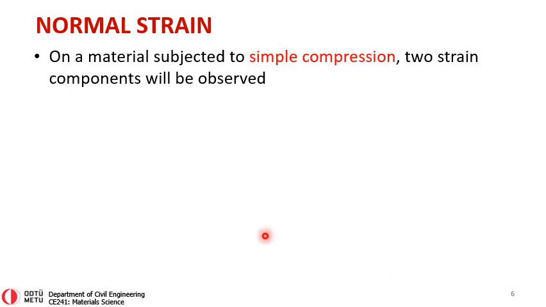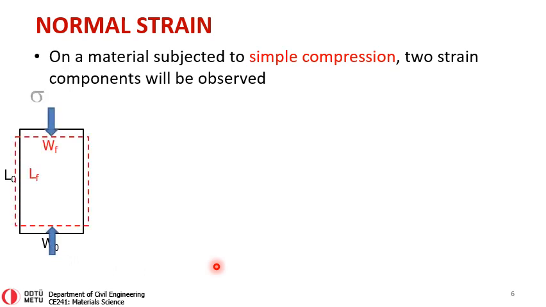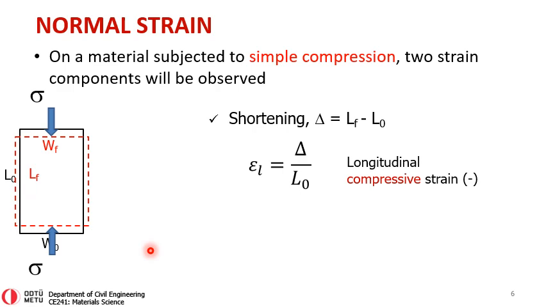The same problem. Now, this time, instead of simple tension, it is in simple compression, let's say. So we are not pulling it, but we are rather pushing it from these two sides. Because of these normal stresses, again, we will have only normal strains, and those can be calculated very similar to what we have done.